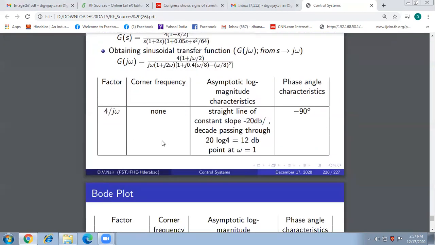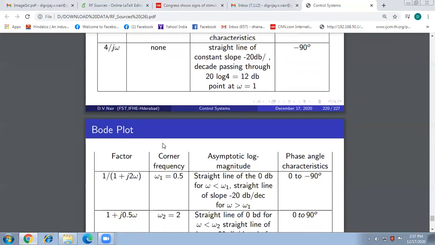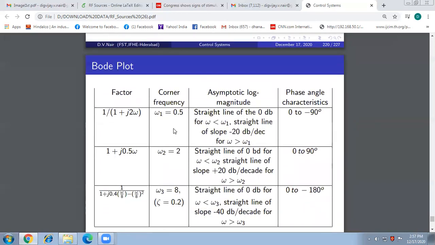So I am arranging terms in increasing order of corner frequency, starting with none, then the lowest corner frequency, then the next higher corner frequency. So this term has the lowest corner frequency. I am accounting for it here, just as guidance, not mandatory.